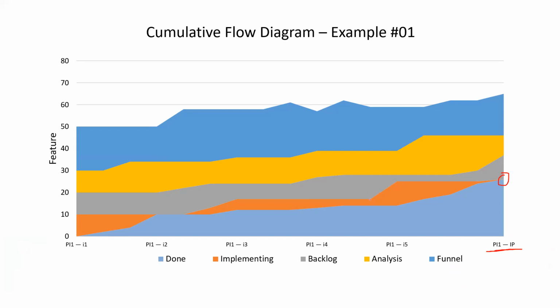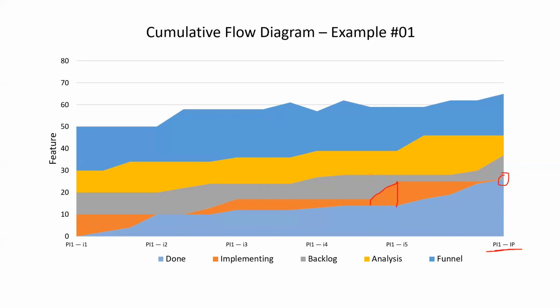Let's take a look at this here till here. What happened here? Number of issues added to implementing. Number of issues moved from backlog to implementing, yes, it got increased.